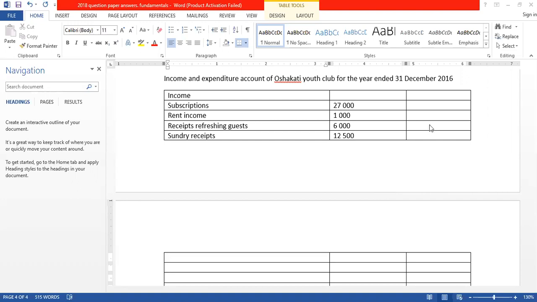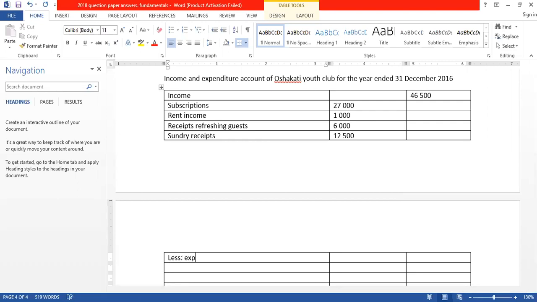So in total, our incomes are 46,500. Okay. And then after that, once you're done with your incomes, you less your expenditures.